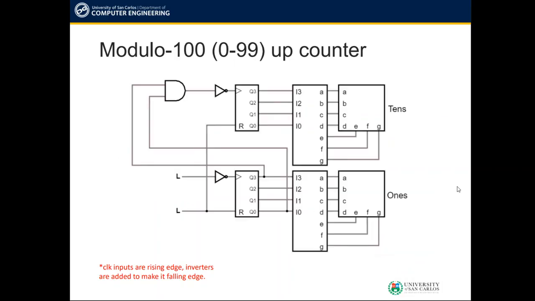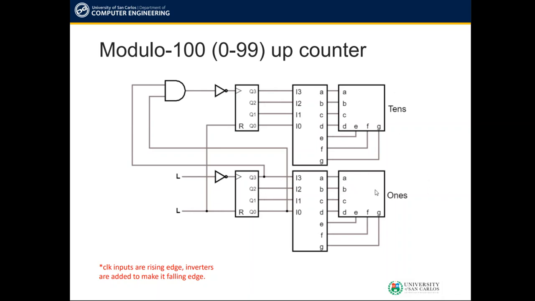This is the example of your modulo 100, or 0 to 99, up counter. Remember that our BCD counter here is from 0 to 9. So we create another counter here to demonstrate the other decade, or the tens place. So 1s from 0 to 9 and 10s from 0 to 9.